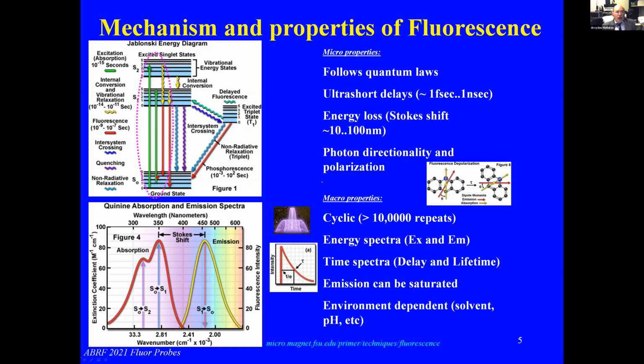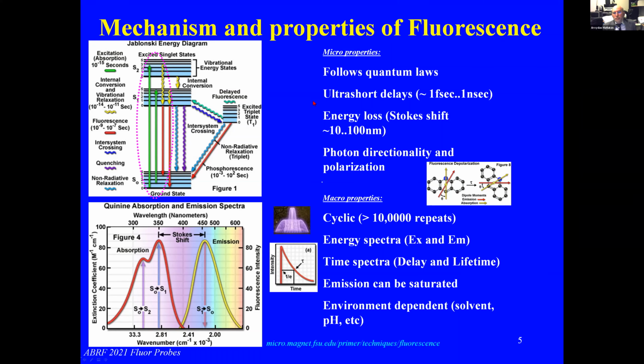So under excitation by photons, electrons jump from the ground state into the excited state. Then spontaneously some internal relaxation may happen, an internal loss of energy, and finally, spontaneously electrons fall back into the ground state, emitting longer wavelength photons.